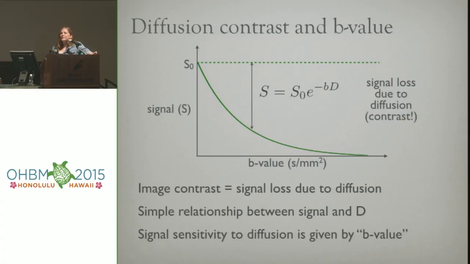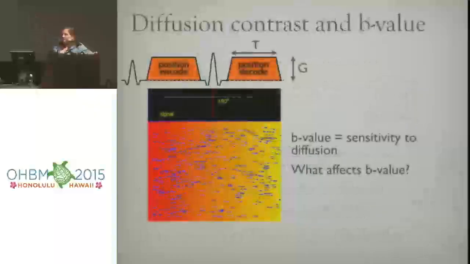Now, the happy thing that you see here is that this equation, I don't normally like showing equations in talks, but this one is just delightfully simple. That as long as you can get a measurement of what this S0 term is, then you have a relatively simple job ahead of you in terms of being able to estimate this diffusion coefficient, because you know what the b-value is. Again, you're going to set that in your experiment, so it's well defined. So you can think of this b-value as basically your sensitivity to diffusion.